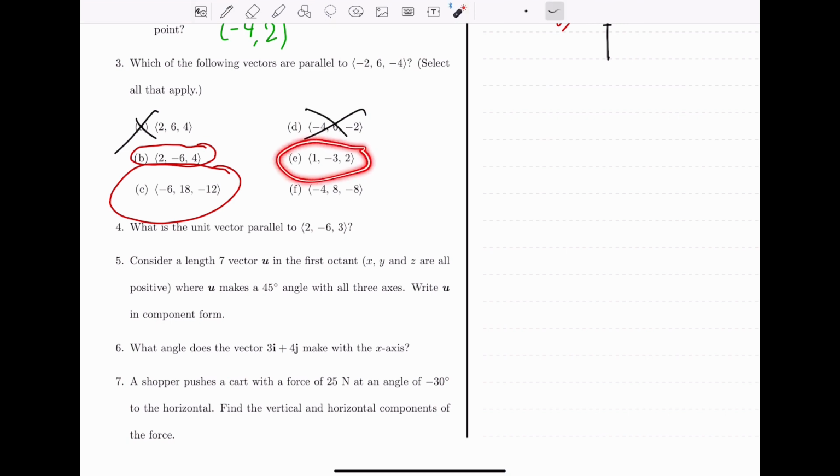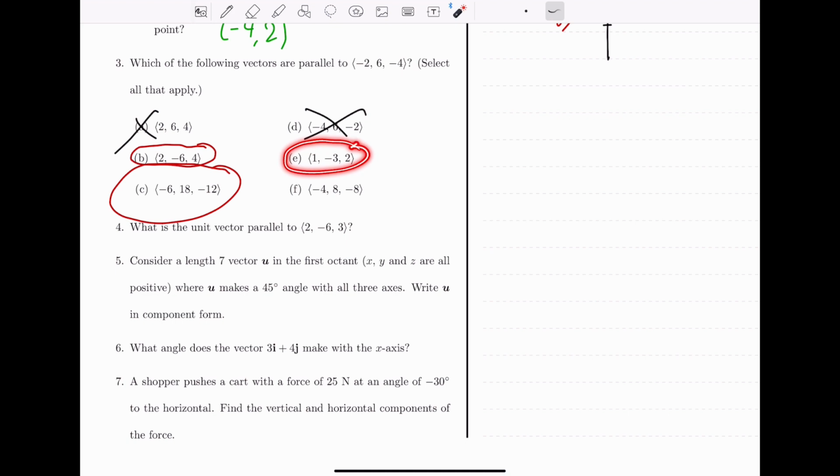How about letter E? Can I multiply the original vector by a scalar to get to E? Well, to go from negative 2 to 1, I would have to divide by negative 2, or multiply by negative 1/2. Okay, if I divide by negative 2, then for the 6, divide by negative 2, I get negative 3. Divide negative 4 by negative 2, oh, I get positive 2. This vector also works.